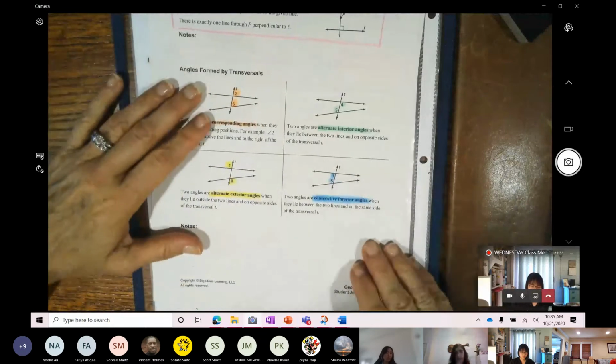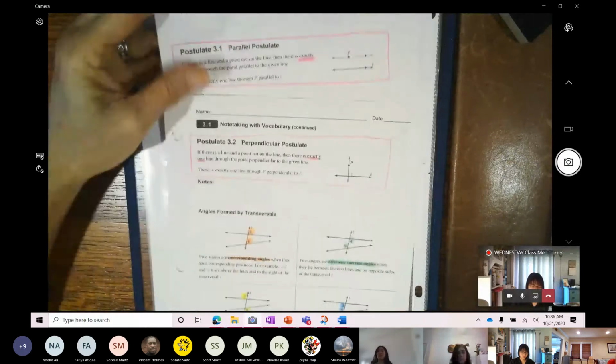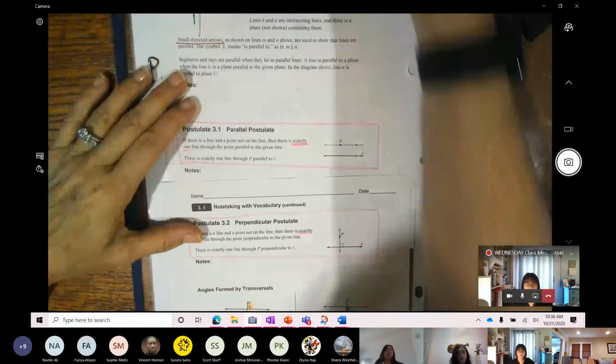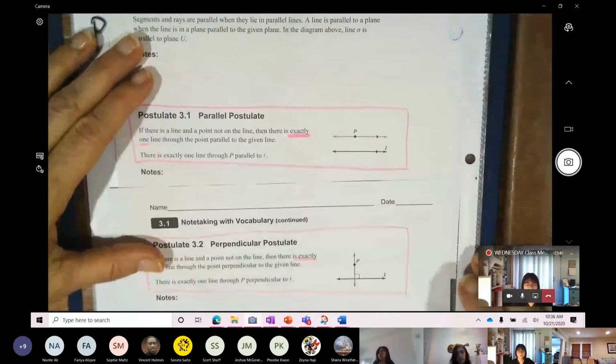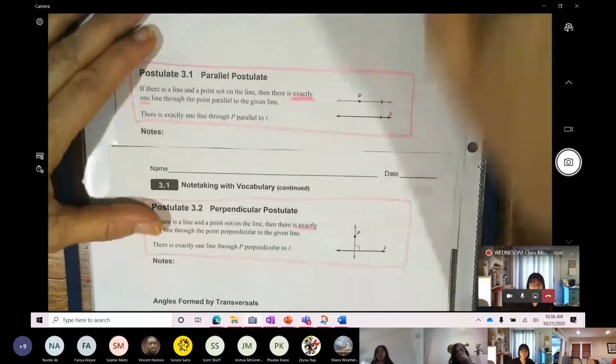And then the last thing we have is 2 postulates. And these postulates are really important. Remember, they're to be accepted without proof. Let me zoom in a little. One's called the parallel postulate, and the other one is called the perpendicular postulate. And basically what it says is this.